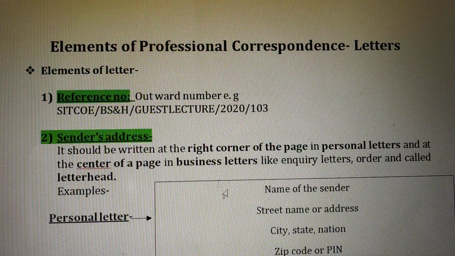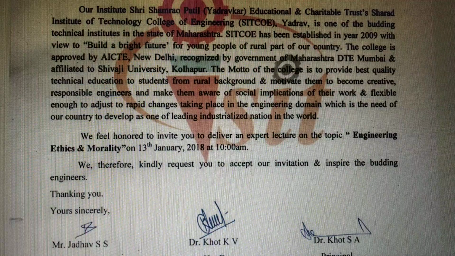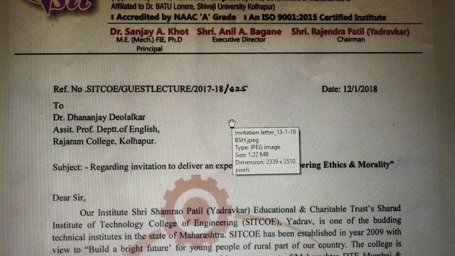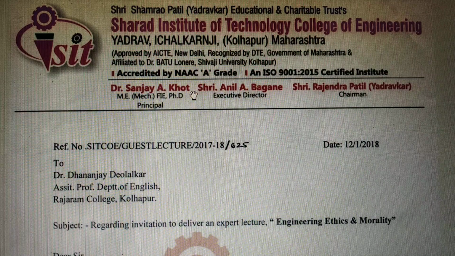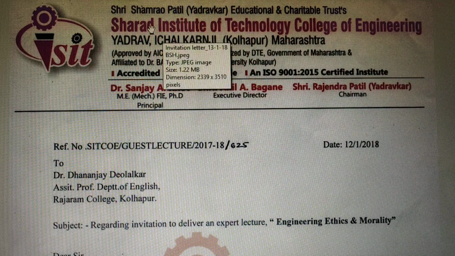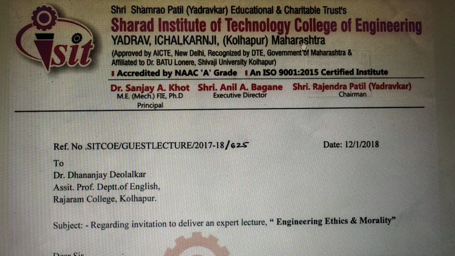Now we will see an example of it so that it becomes very clear what a business letter is. I spoke about the letterhead or letter pad. Every company keeps its own letter pad, and on the letter pad only we print our letter. It is the example of our college, Sharnbasva Institute of Technology College of Engineering. The address is here.